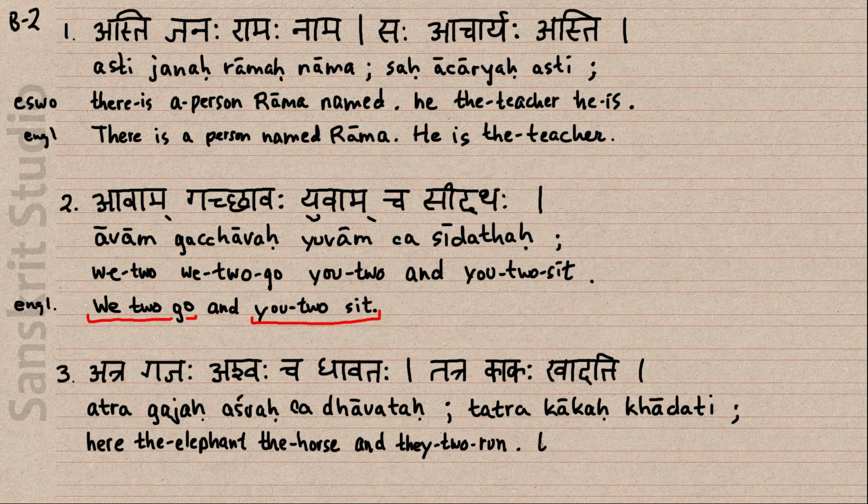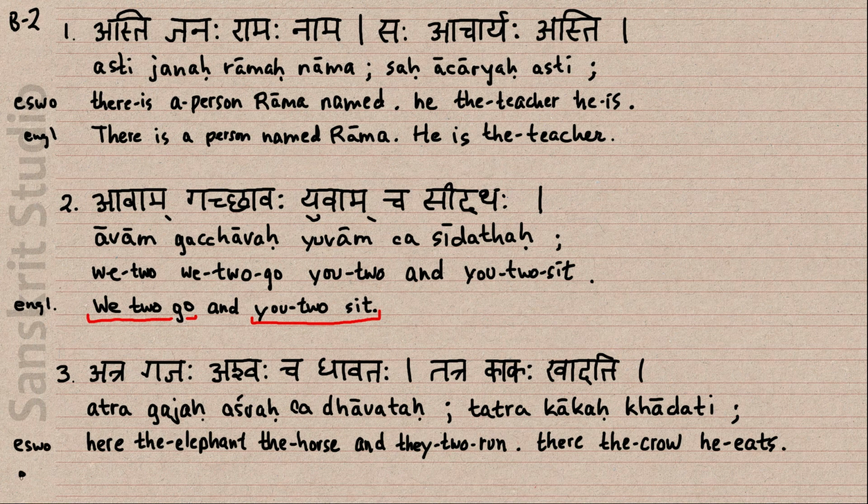And then we continue there, tatra, there, kakaha. So the crow, and khadati, it's about eating. That's always interesting. Eating. The crow, he eats. Alright, so clean this up.